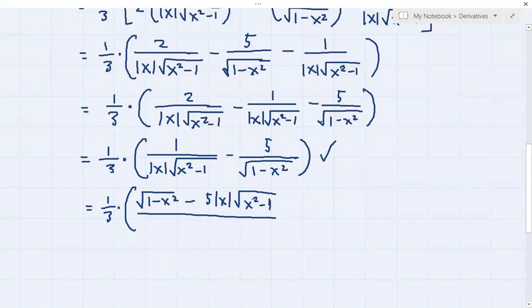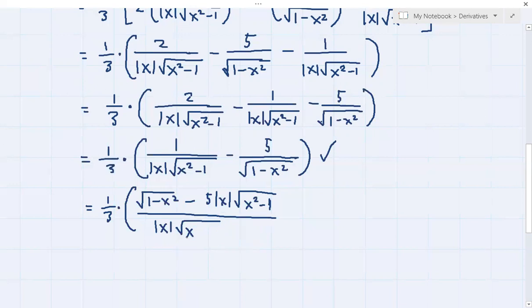All over, last but not the least, multiply the two denominators. Okay? So, dito, if you're going to multiply them, we can either have absolute value of x times the square root of x squared minus 1 times the square root of 1 minus x squared, or pwede natin silang ipagsama itong dalawang naka-square root.